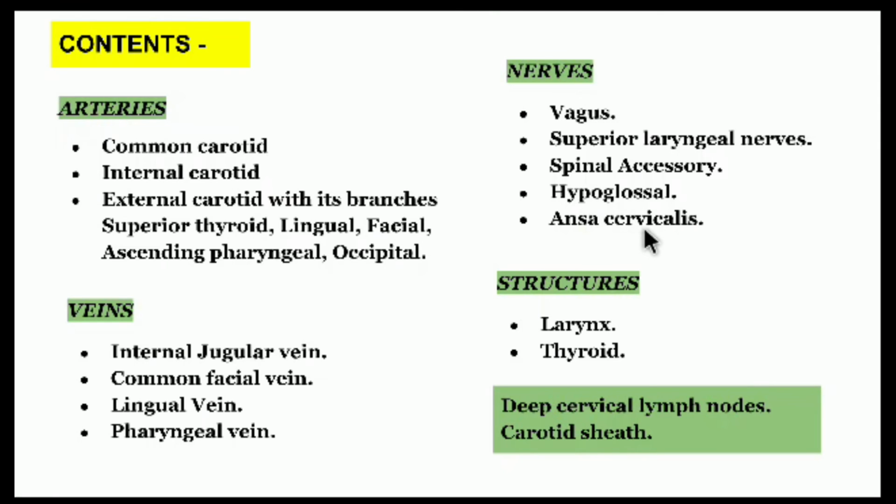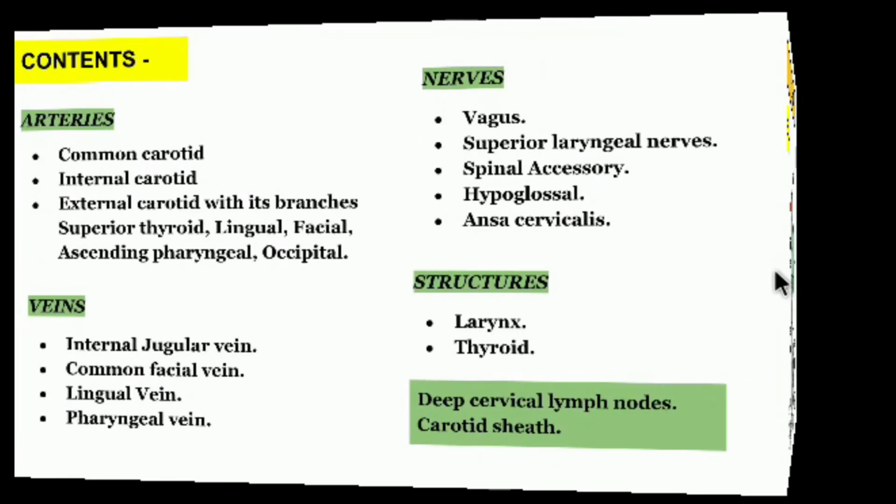Ansa cervicalis we will discuss later. Structures: larynx and thyroid, deep cervical lymph nodes and carotid sheath. So you can learn the contents very easily. You can divide it into 3 arteries, 4 veins, 5 nerves and 2 structures.